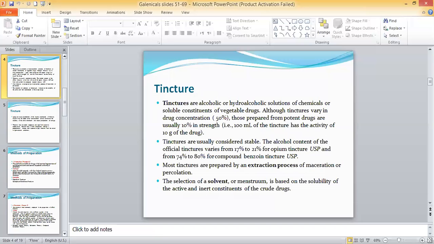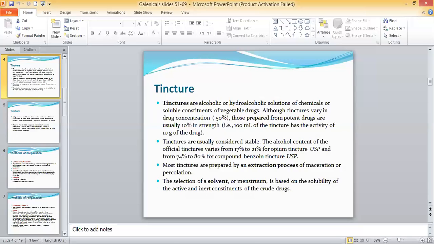Those prepared from the potent drugs, potent meaning strong drugs having strong activity, are usually 10% in strength, which means 100 ml of the tincture has the activity of 10 gram of the drug.